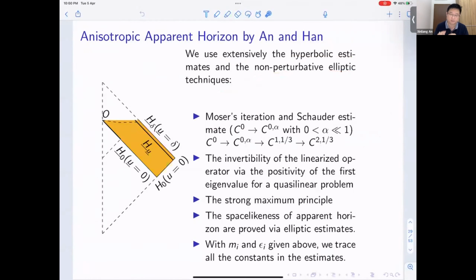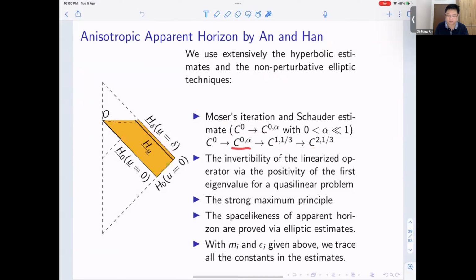In my previous paper in 2017, the way we got the C1 estimate was still in the perturbative regime, but here it is not. The really difficult step is to go through the details of Moser's iteration, from C0 to C0 alpha, and see how it depends on each of the parameters. Then we boost the regularity from C0 alpha to C1 1/3 to C2 1/3.